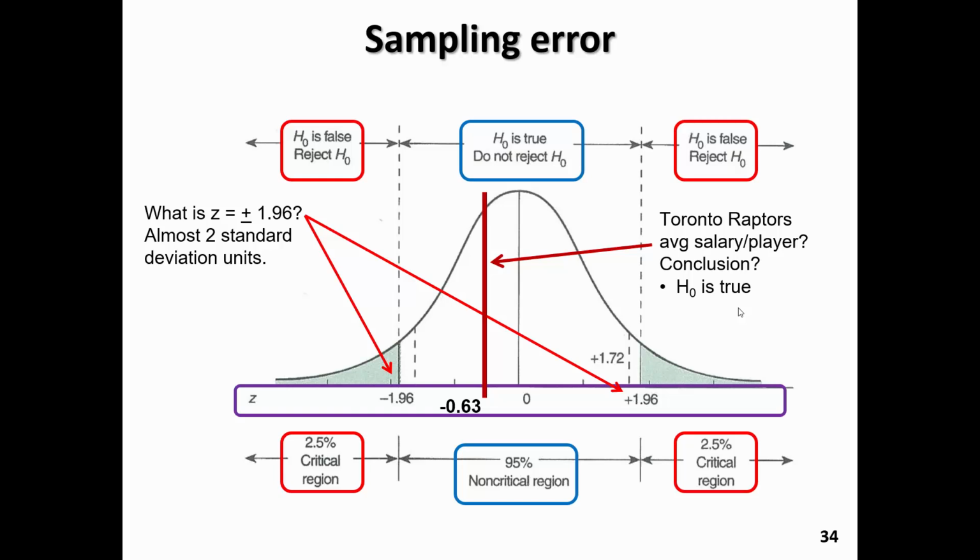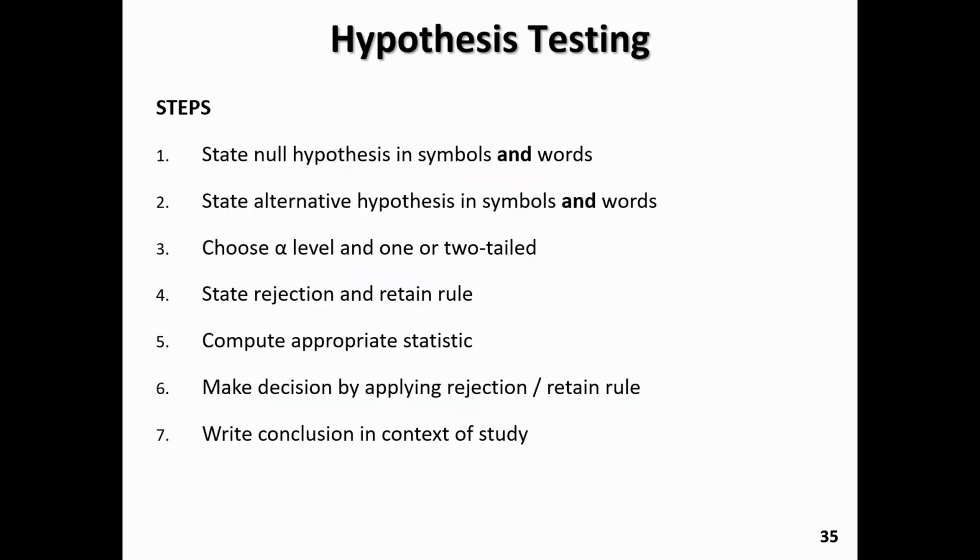Because we have to consider the variability, from a statistical perspective, it's not significantly or statistically different from the population. And that summarizes the NHST, or the hypothesis testing method.